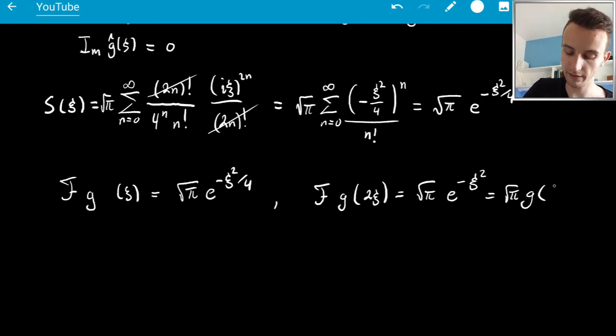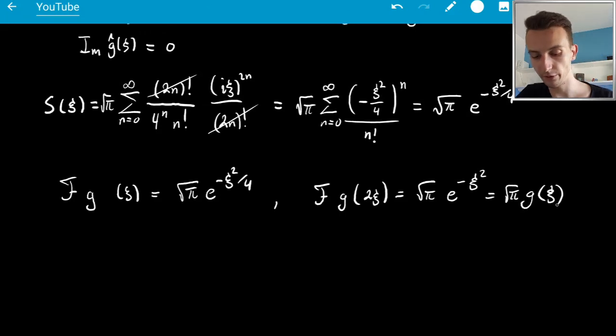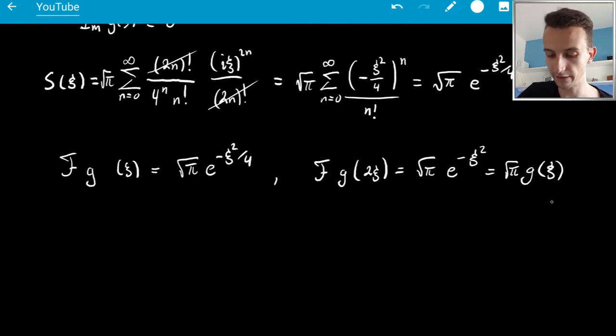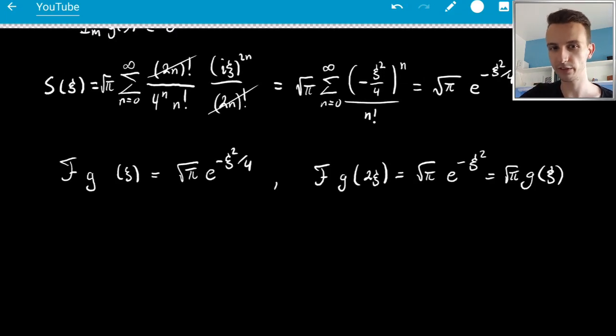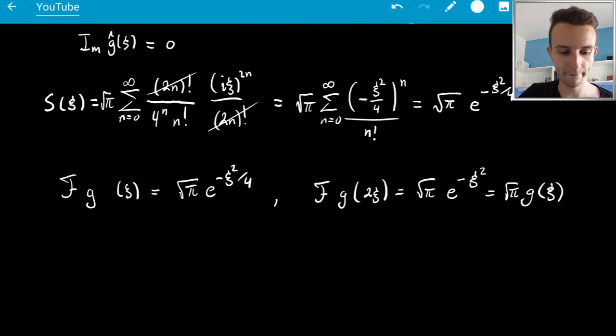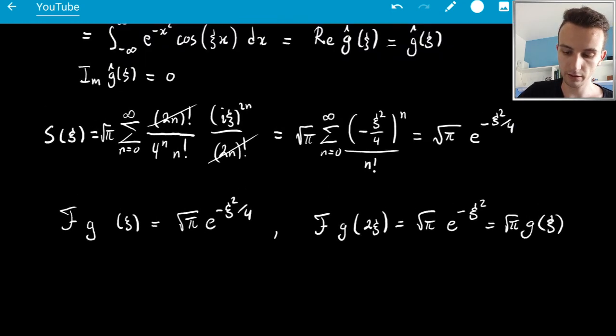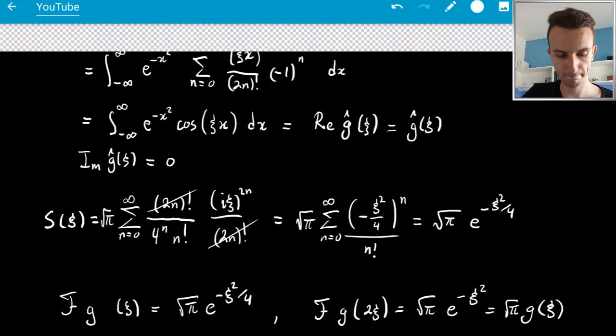So yeah, G being the original function, right? So this is I guess a nice little connection. If we did another Fourier transform, we'd get another factor of pi. If we did the inverse Fourier transform, we'd lose the factor of pi because the inverse divides by pi. Yep, that's pretty nice.